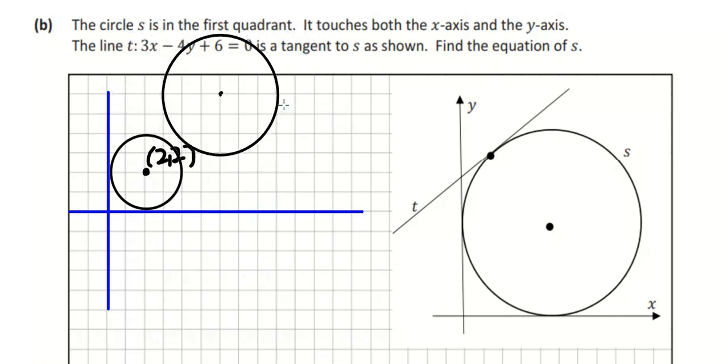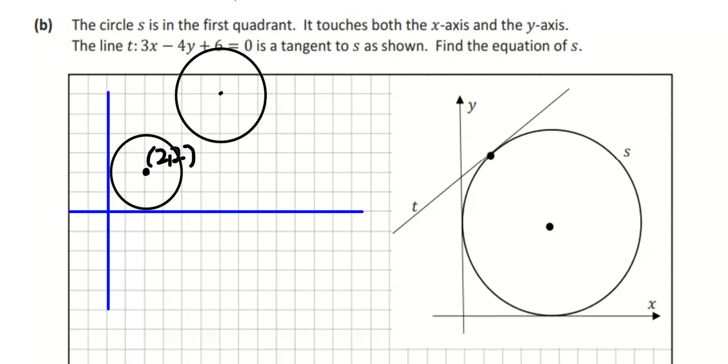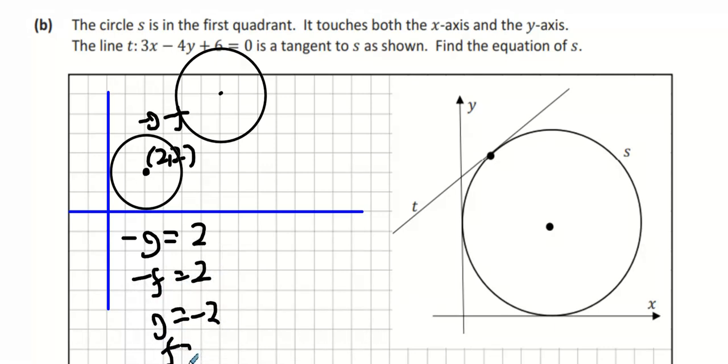Right? This means that you're basically your minus g and minus f. If I was to use (2, 2), minus g would be 2 and minus f would be 2. And basically g would be -2 and f would be -2. Because it's in the first quadrant, you can clearly state that the g value equals the f value.